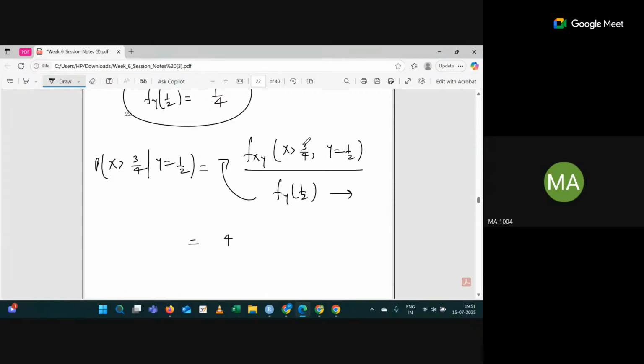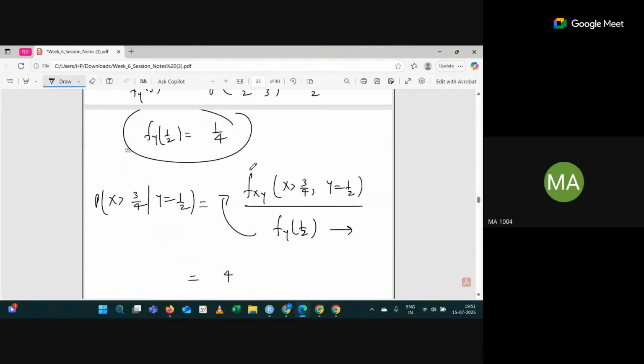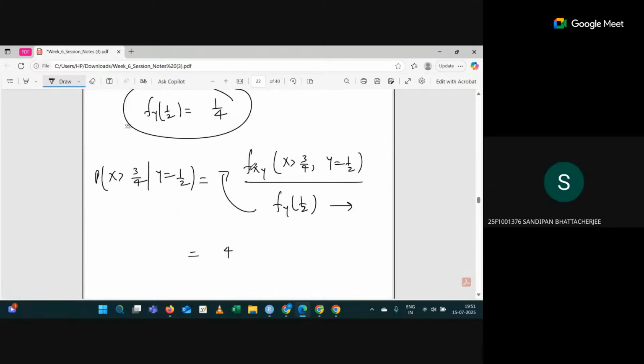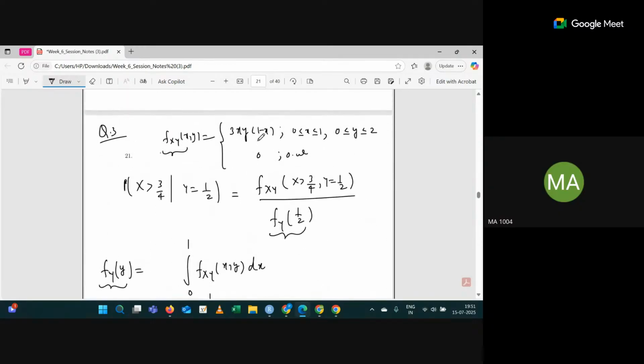Now, what is this case? What is f(x,y)? Substitute y as half, integral from 3 by 4 to 1. So it will be f(x,y) with x greater than 3 by 4 and y equal to half, and this will be times 4. If you see, f(x,y) is 3xy(1 minus x).